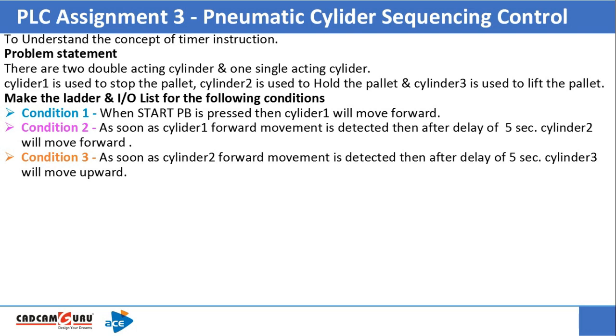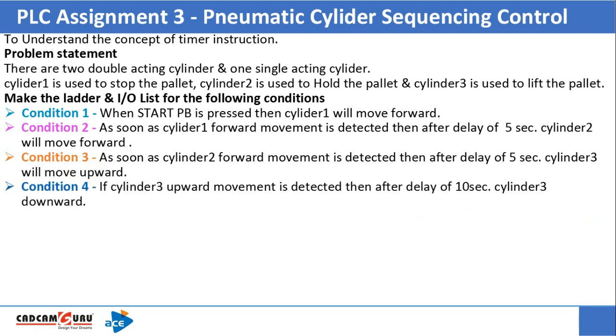That's why the movement is in the upward direction. Then condition 4: if cylinder 3 upward movement is detected, then after a delay of 10 seconds, cylinder 3 moves downward.